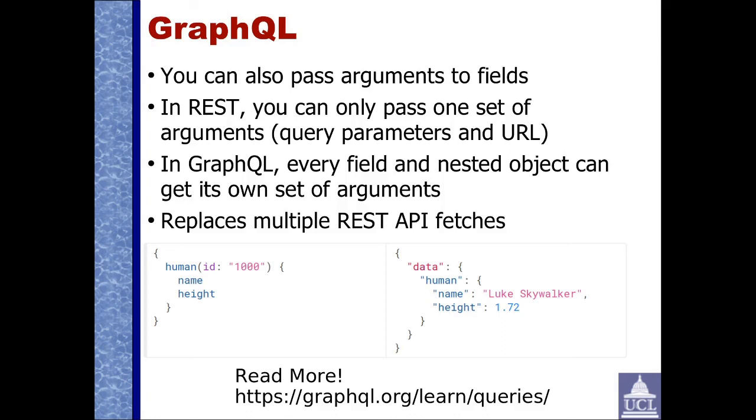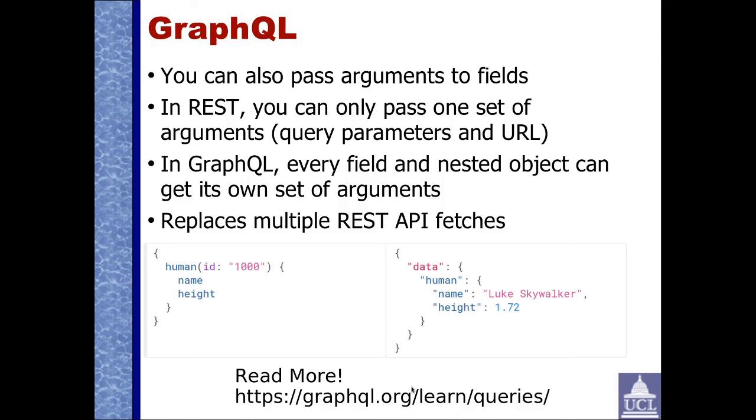So GraphQL is really extremely powerful. It's relatively easy to use once you get your head around the format it uses. It gives you lots of options. It allows you essentially to replace a set of functions that you might have to implement for REST or for SOAP with just a single interface, because you can specify at any depth within the data what you want to set, what you want to restrict, and what you want to get back.